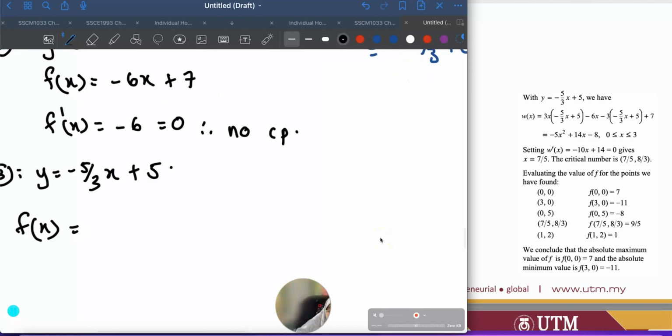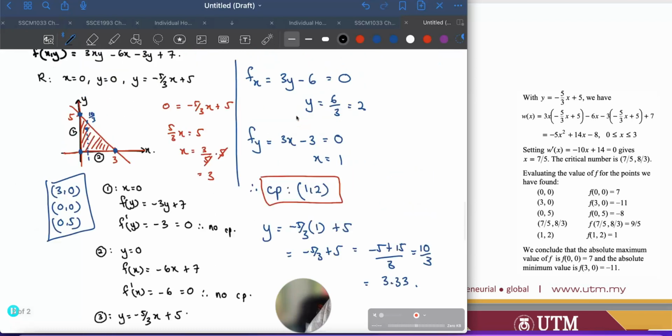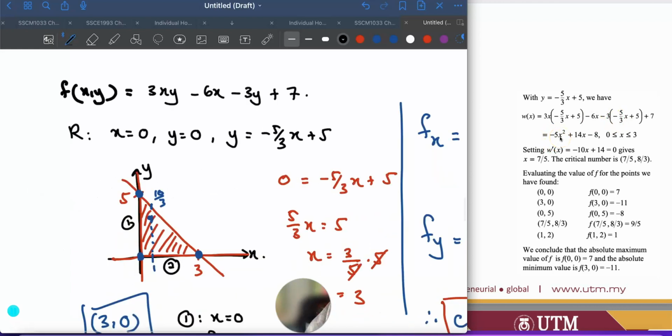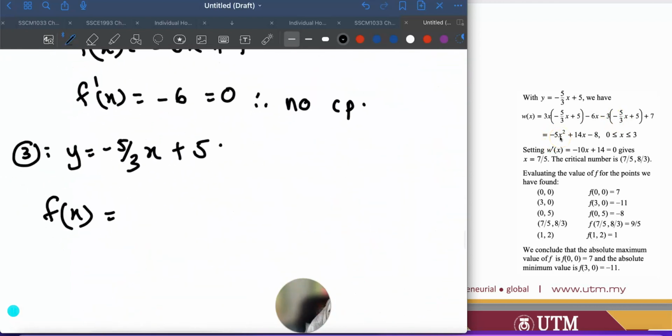So when you substitute all the y, you substitute the y by this linear equation, and then you have this negative 6x and negative 3y, and when you simplify, you have the function in terms of only x, which gives you negative 5x squared plus 14x minus 8.